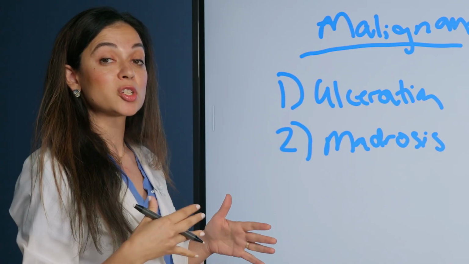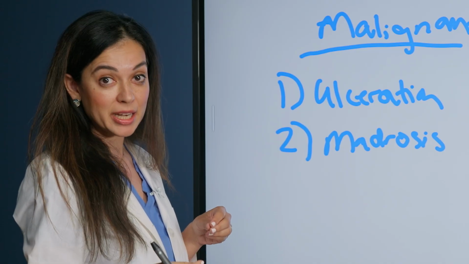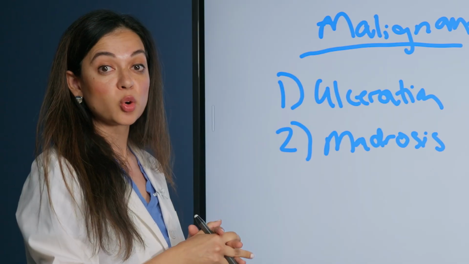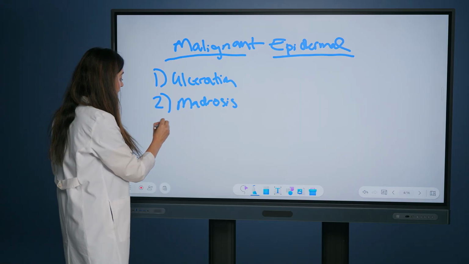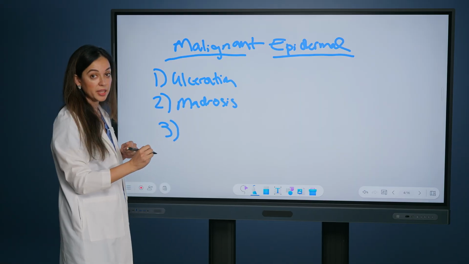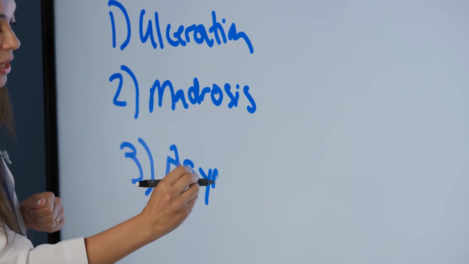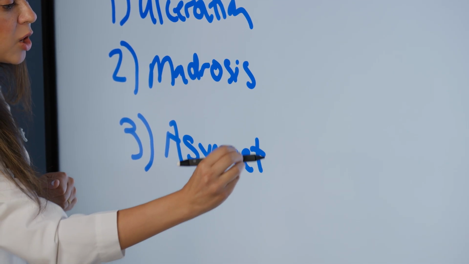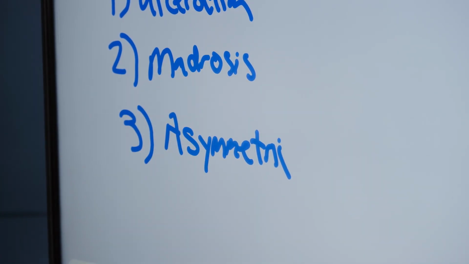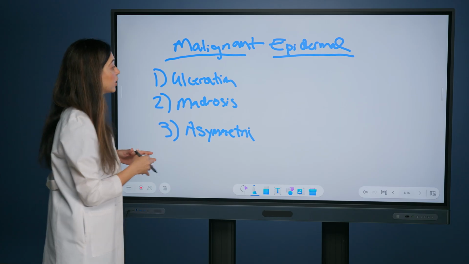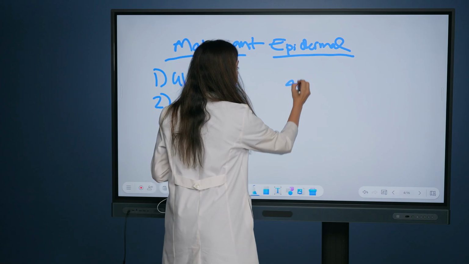We know skin cancers are destructive, so it's going to destroy your natural lid anatomy, so you're not going to see the normal contour, and the lash loss is a tip-off that this could be something malignant. Also, these are often asymmetric because they are irregular growths. So when you see a lesion that's not perfectly round or smooth, you also want to be thinking, could this be a malignancy?